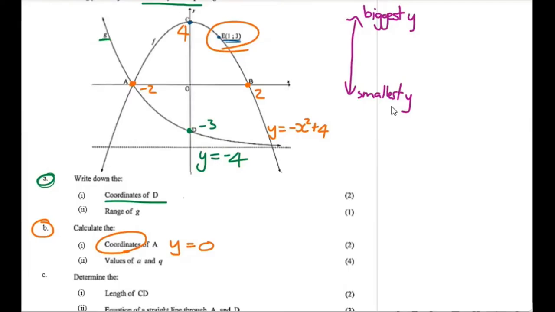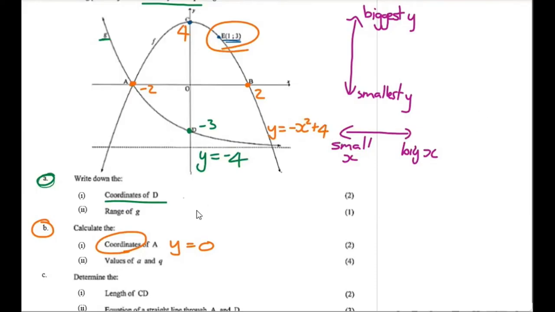Distance is positive. Okay. So it's your biggest y minus your smallest y when we're talking about a line that is vertical. If you're talking about a line that is horizontal, it would be the biggest x minus the smallest x. And again, the biggest one will always be on the right and the smallest one will always be on the left.